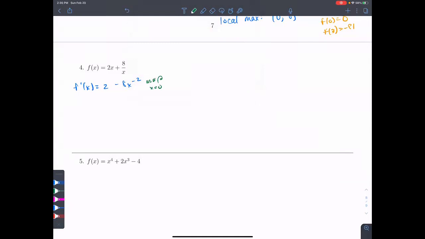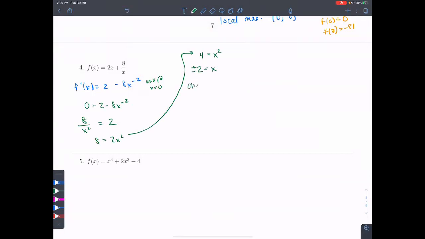So we have 8 over x squared equals 2. So 8 equals 2x squared. If you divide by 2, you get 4 equals x squared. So x is plus or minus 2.